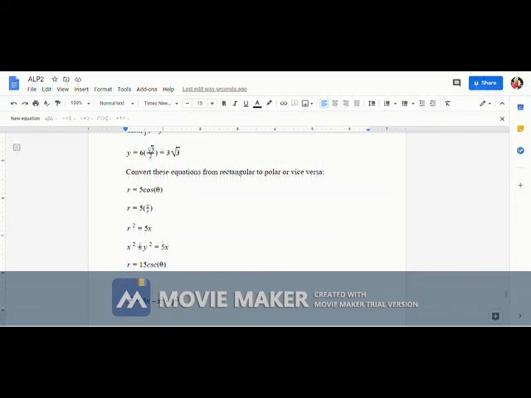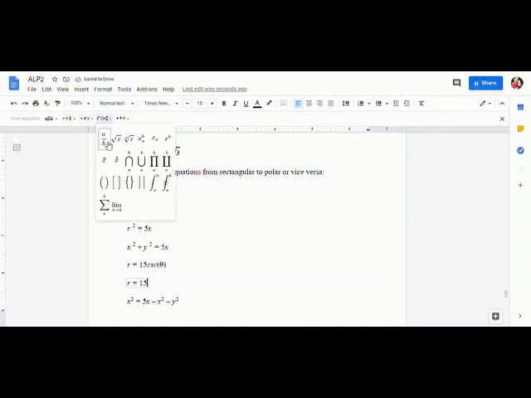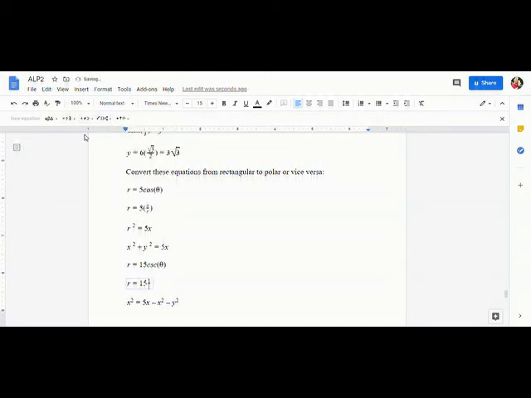Moving along, we can move down to this next equation. We see that it is in polar form as well, so we'll be converting over to rectangular form. We see we have cosecant here, so let's go ahead and write that in terms of sine. So 1 over sine theta.